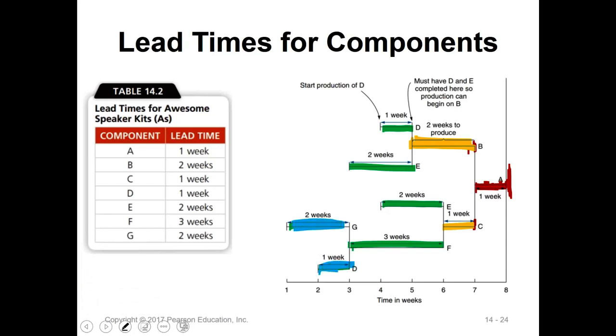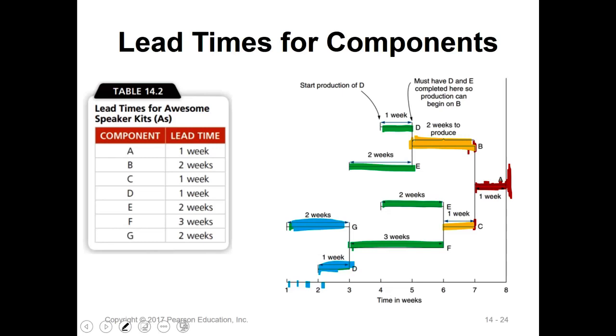And for the C production, actually we need 7 weeks. For B production, you need 1, 2, 3, 4 weeks. And in order to produce the overall speakers, we need to consider the total time, which is 8 weeks. So this is the timeline, or the lead time, for components and for the assembly together.